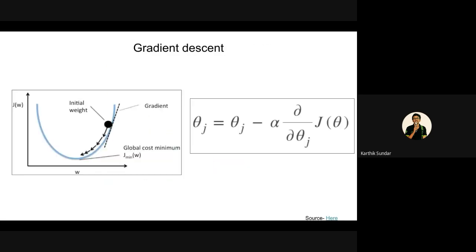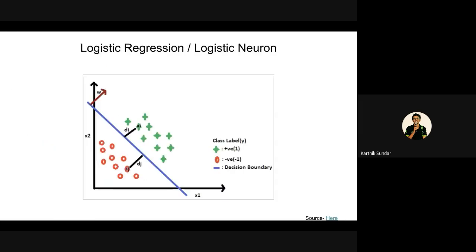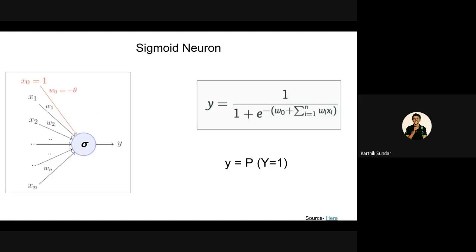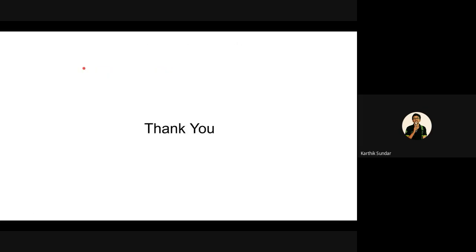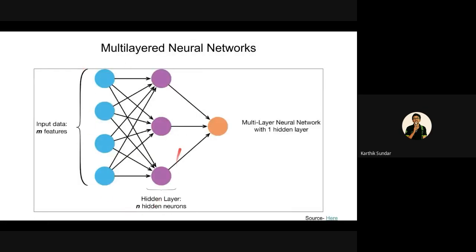Similar to how we had multi-layer perceptrons, people also asked why restrict yourself to a single sigmoid neuron. You can stack up the neurons and create multi-layered neural networks. This is the common framework which you see almost every time you read about neural networks: there is an input layer, there is a hidden layer, and there can be multiple hidden layers, and there is an output layer.